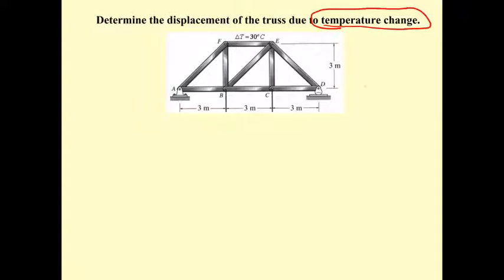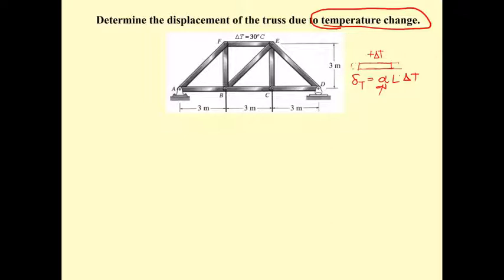And you know that if you have a member and the temperature increases, most of the material will expand. Okay, it will expand, and the deformation due to temperature can be computed by this equation.